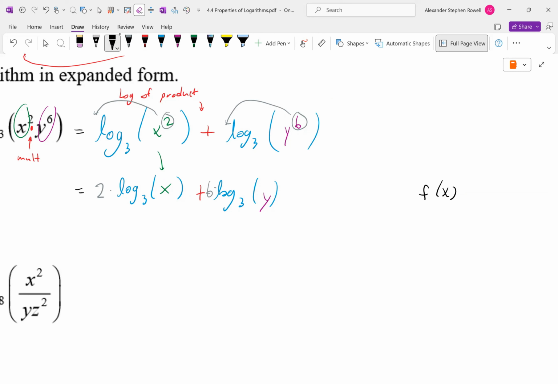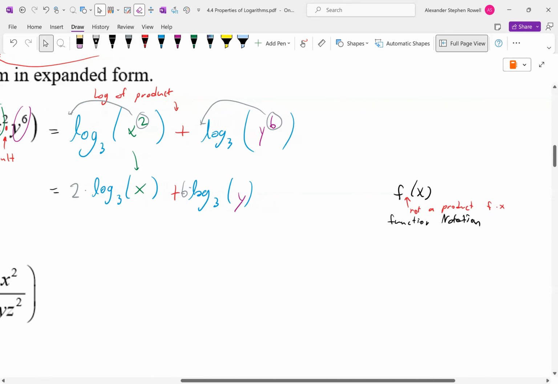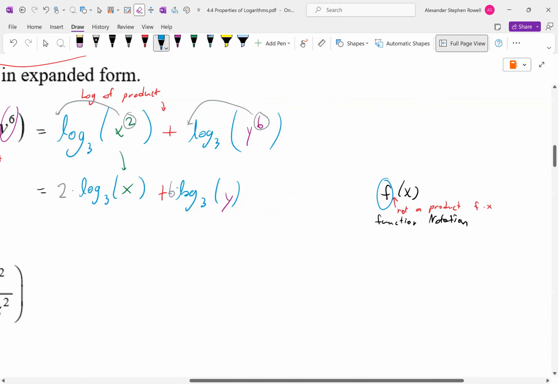How can I describe, why do I use f instead of y? I can plug in values for x. So this is function notation. And in particular, this is not a product, right? It's not f times x. It's f of x. Does that make sense? Okay, so what we say is that f is the name of the function.